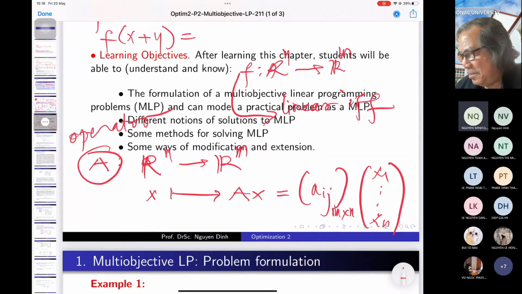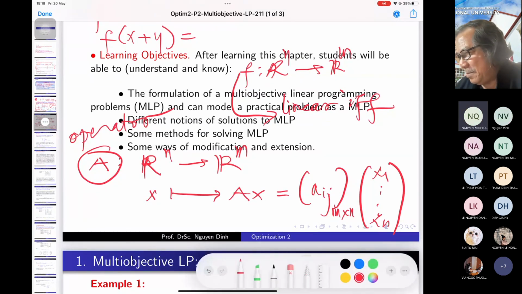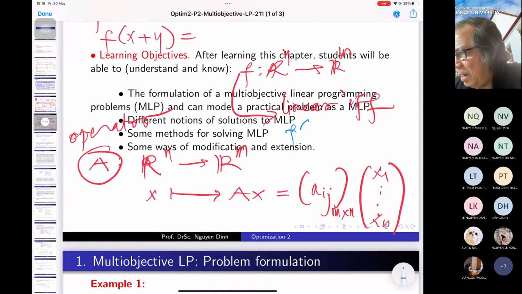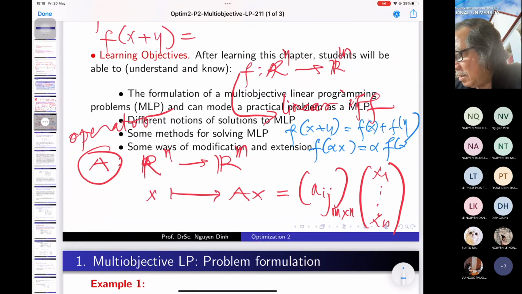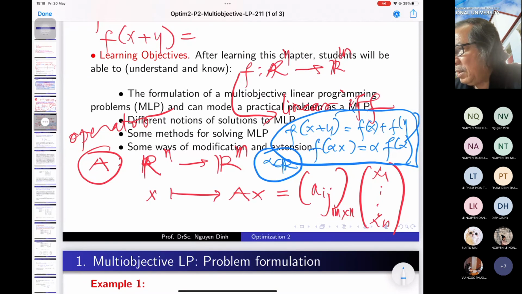I think this operator is linear if it preserves vector addition and scalar multiplication. Yeah, that's right. f(x plus y) equals f(x) plus f(y), and f(alpha x) equals alpha f(x), for any alpha in R and every x, y in Rn.